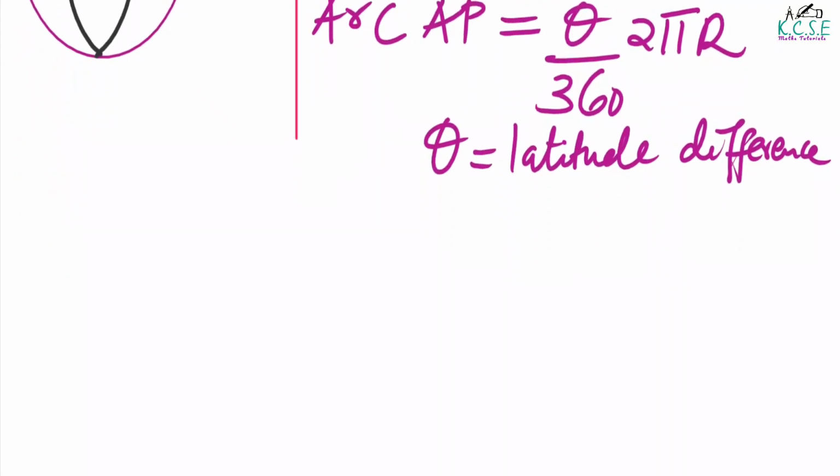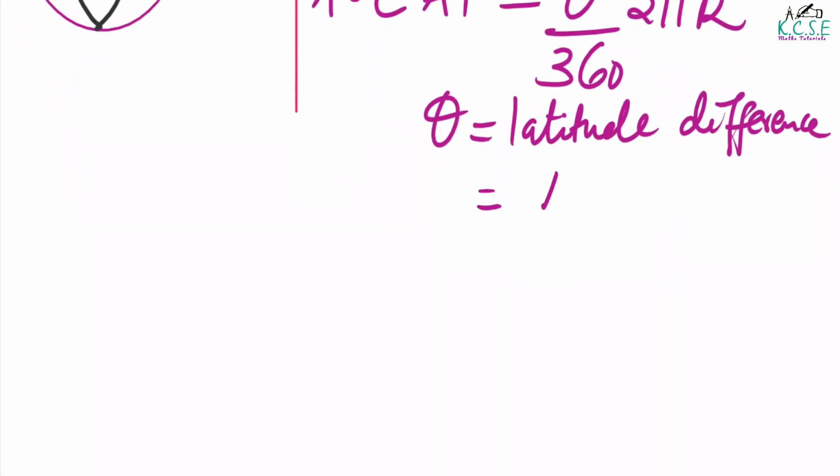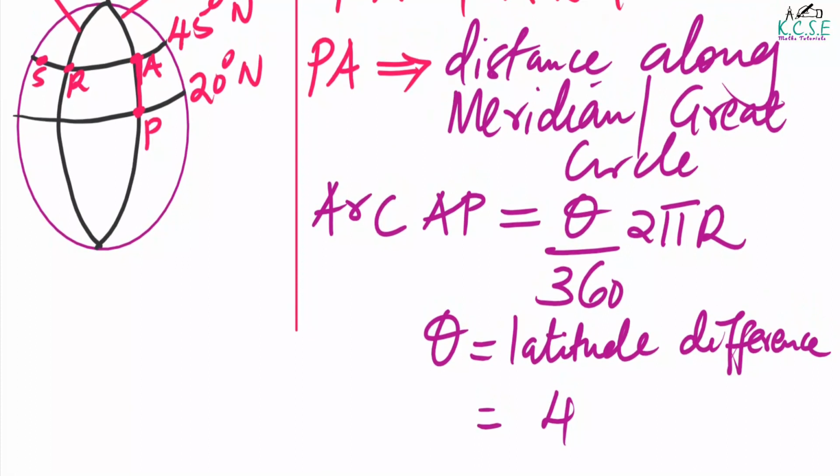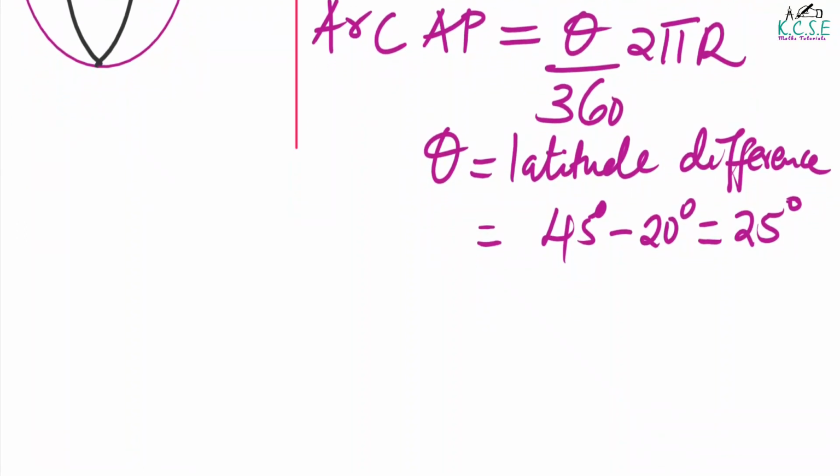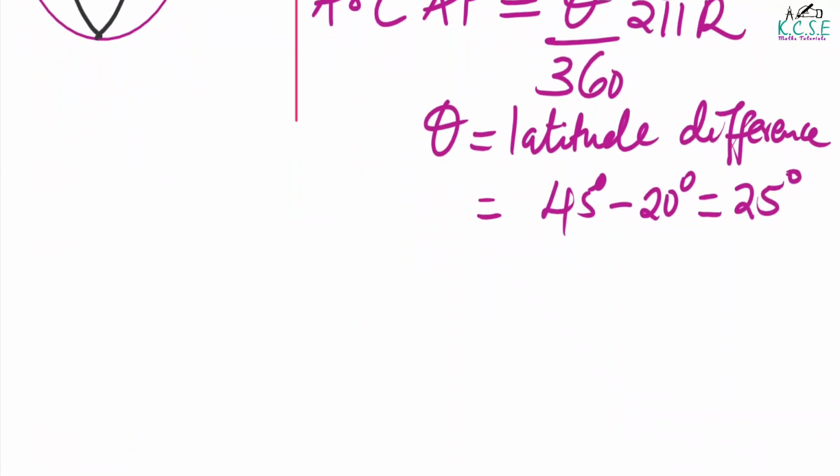Since both of them are to the north, we get the difference by subtracting 45 degrees minus 20 degrees. This gives 25 degrees. So that is the latitude difference. Now, after identifying the difference, let's go and get the distance.